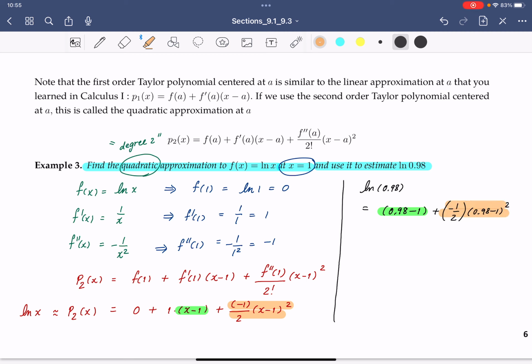So just plug in and then you're gonna have minus 0.02 and then minus 0.02 squared over 2, and that is minus 0.02 and then minus 0.0002, right? Because it's gonna be 0.0004 and then you cut in half, so it's gonna be that one.